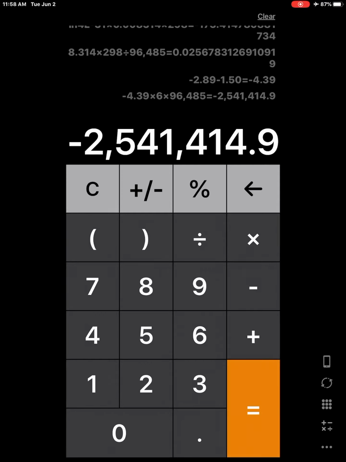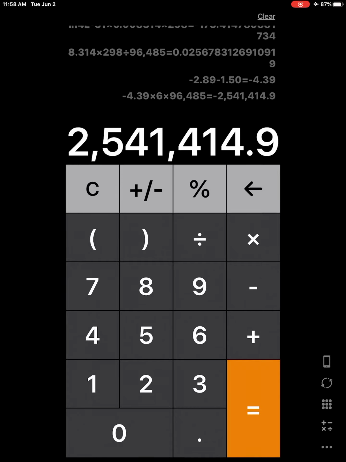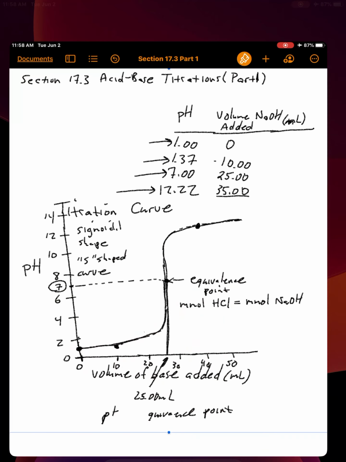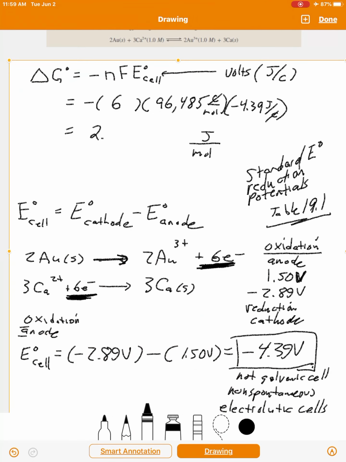You get minus, oops, I forgot the minus. There's also a minus. So plus, oh wow, look at that big number. It's 2.54 times 10 to the 6 joules per mole. There's our standard. See how it's positive?